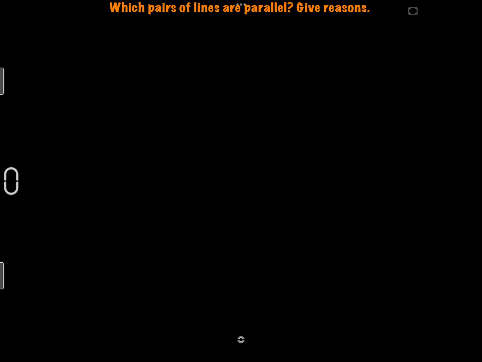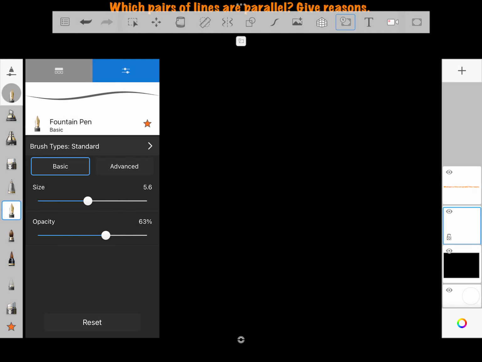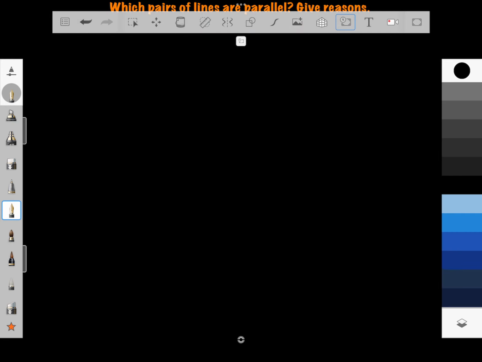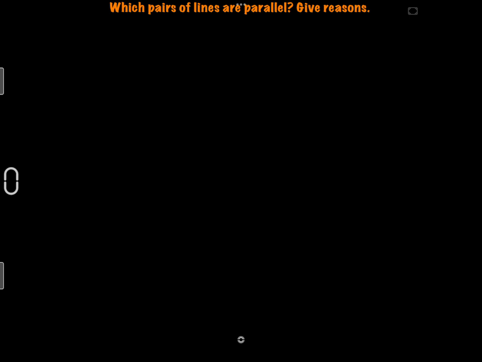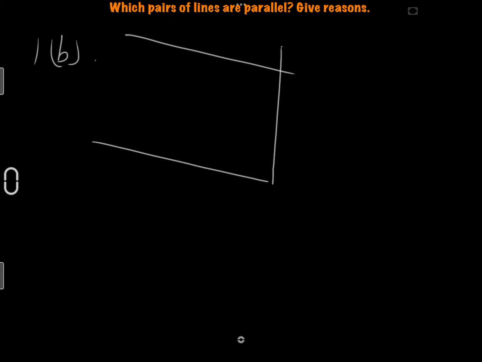Okay, now we still need to look at that same figure, so we can quickly highlight this. We're still looking at 1b. We're given that figure, so our figure looks like this, with this line and that line there.